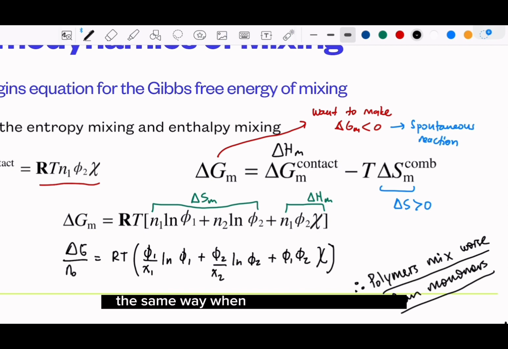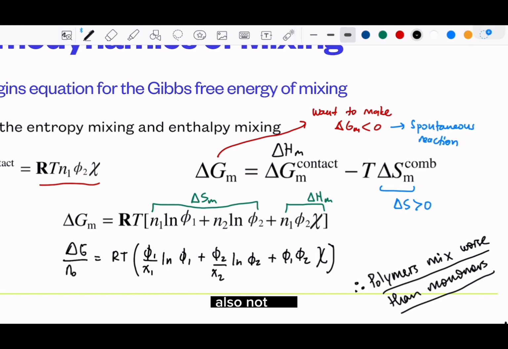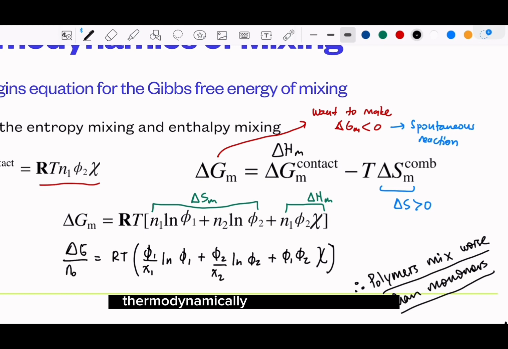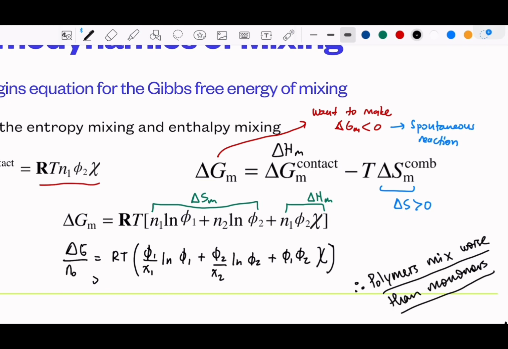And the same way, when you have polymer-polymer attractions, which collapse the polymers, that is also not good for measurements. Here you want to make it in between so that we can take some measurements. So that's how in the system we thermodynamically prepare the samples. Okay? At least the states and the equations we have learned from these introductions.